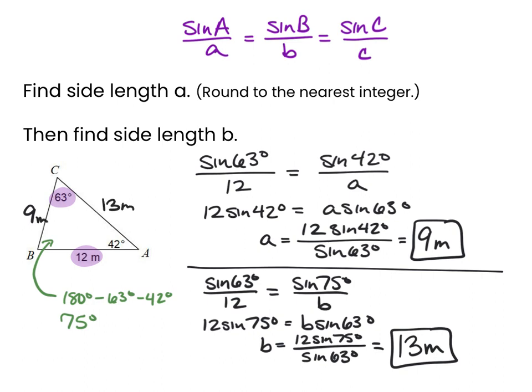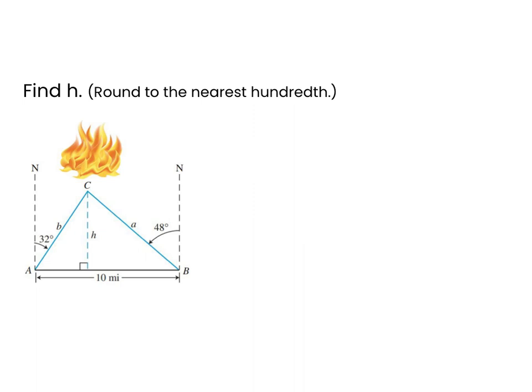Nice. Now what if I need to find the altitude, or the height of a triangle, and this is the information I'm given? Well, my first instinct when I see that I'm trying to figure out this triangle is I see that to use the law of sines, I would need this angle measurement C. Working backwards, I can tell that I'm going to be able to find the other 2 angles because this makes a 90-degree angle, and so does this one.